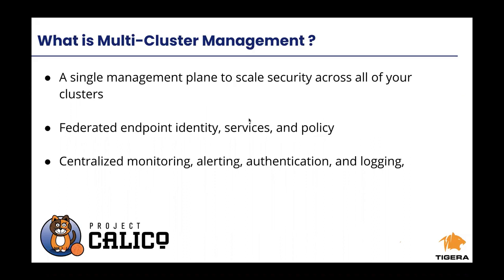As you have more than one cluster, Calico Enterprise has the ability to federate the endpoint identity, the services, and the policy, and allow you to control network traffic between clusters. So we give you the ability to view and manage the multiple clusters that you might add to your multi-cluster management environment, and we also allow you to control traffic between them.